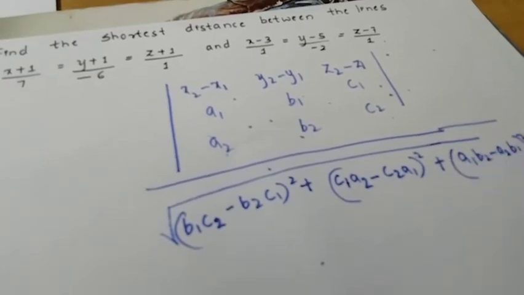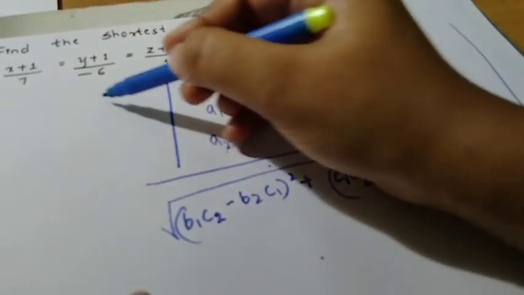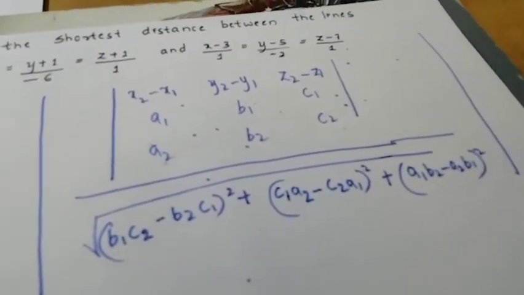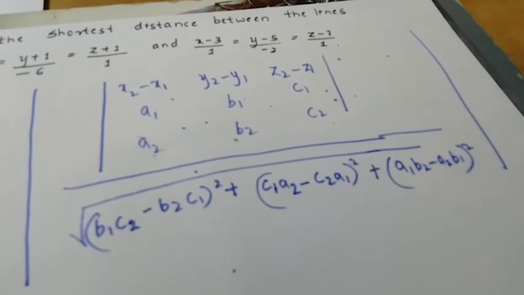So this is the formula. The whole modulus is taken because you have to take it as the positive one. This is the formula to calculate the shortest distance when it is given in Cartesian form.